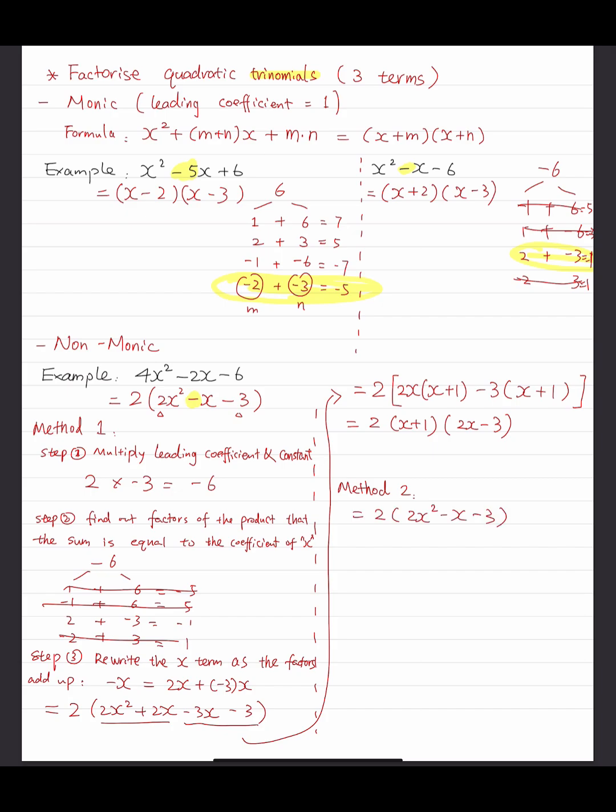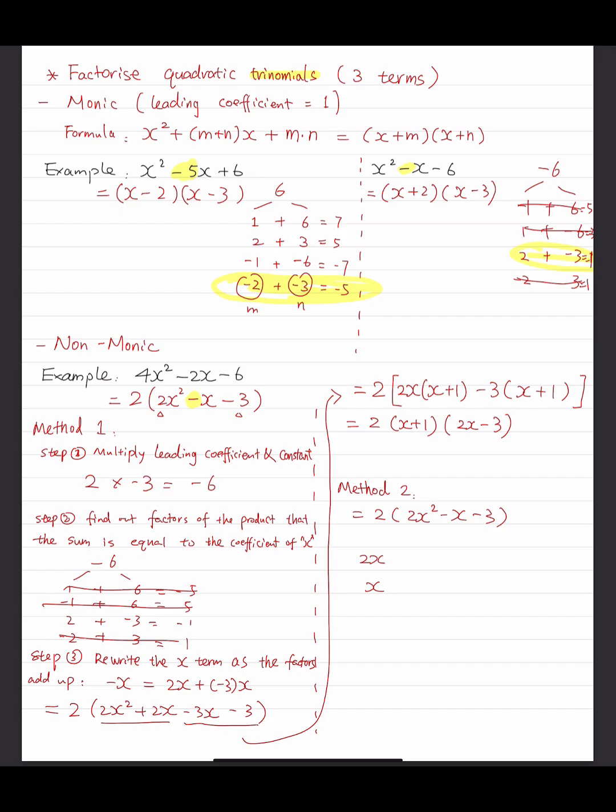We're going to rewrite the 2x squared as 2x times x. So the rule here is that the factors you rewrite the leading term as must each have an x. You cannot have 2x squared and 1. You have to have at least one factor that contains an x. So here we have 2x and x.